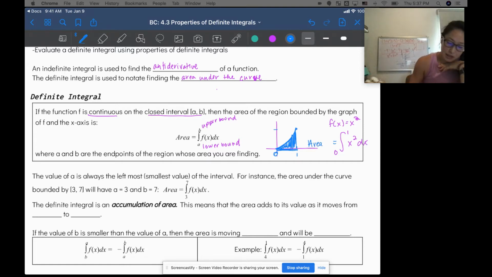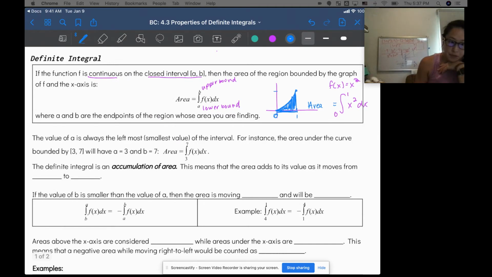All right, so the value of a is always the leftmost or the smallest value in the interval. If we're looking at the bound from 3 to 7, then our a would be 3 and our b would be 7. So we write the a on the bottom and the 7 on the top of the integral.